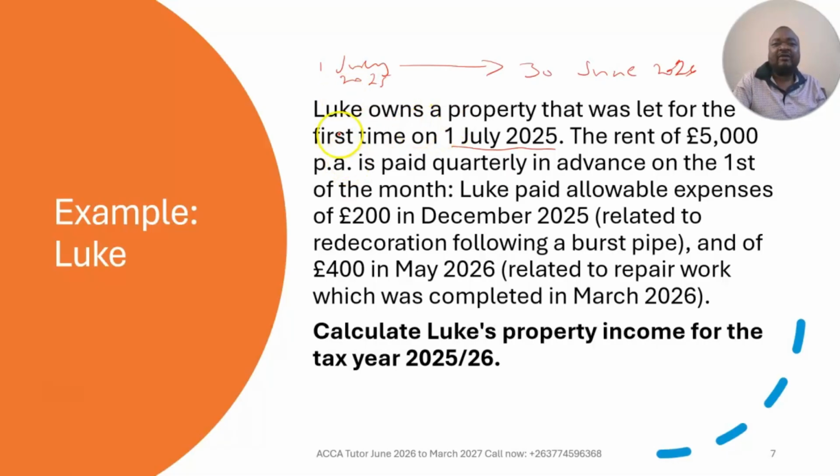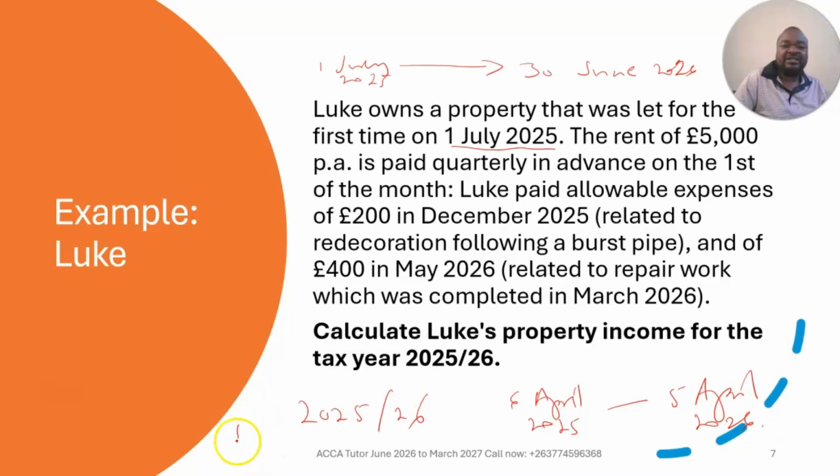However, our tax year is going to end. The tax year 2025-2026 is going to start on 6 April 2025 to 5 April 2026. So this is the tax year, this is the rental year or income year.